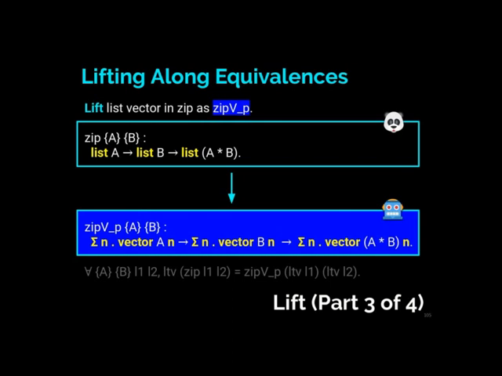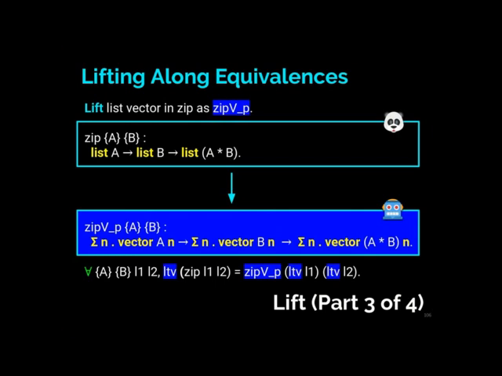Now I mentioned earlier that these have the same behavior, and what I mean by that is that if you were to call LTV on the result of calling zip on the two inputs, this would give you the same result as if you called this new zip VP function on LTV of each of the inputs. So that's what it means for a function to be correct.